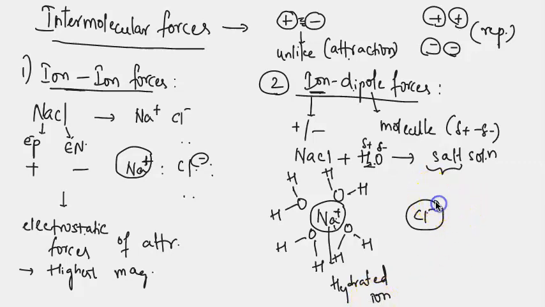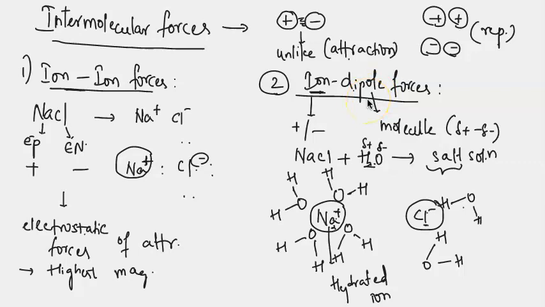Now around the chloride also we see the water molecules arranging in this manner. This is also a hydrated ion. The force of attraction that we see between the sodium ion and the water dipole, or between the chloride ion and the water dipole, is called the ion-dipole force of attraction.